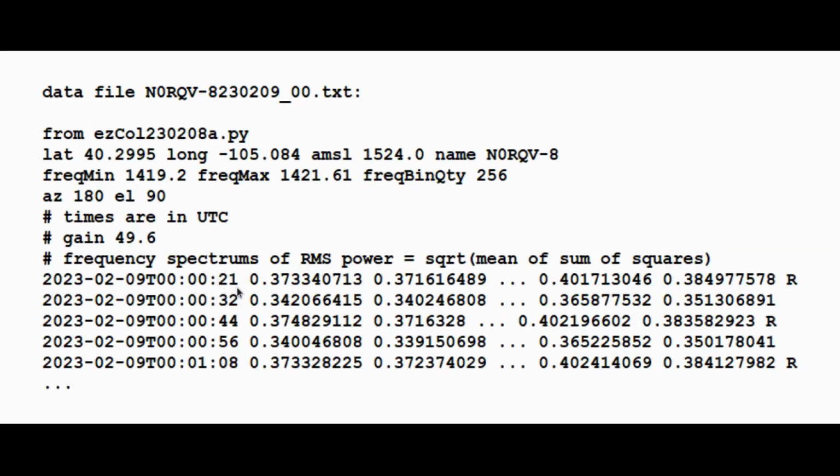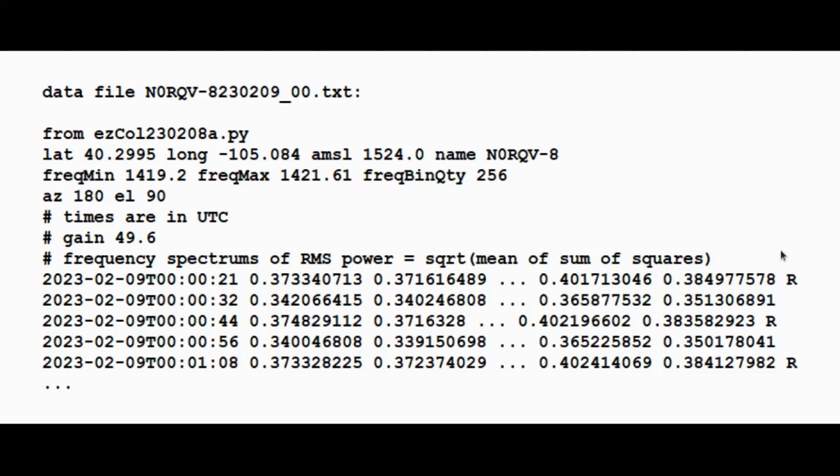The seconds can have decimal points if you wish, in UTC time, followed by, it said 256 numbers. Those are all the values for those different frequency channels.